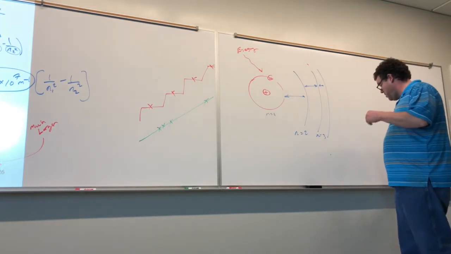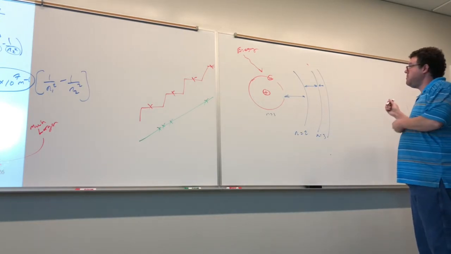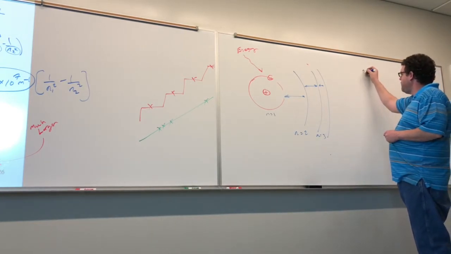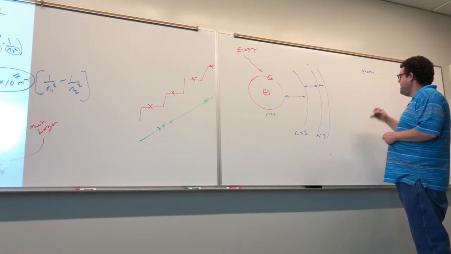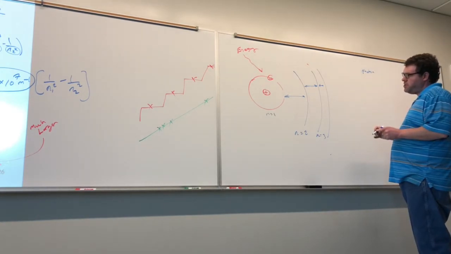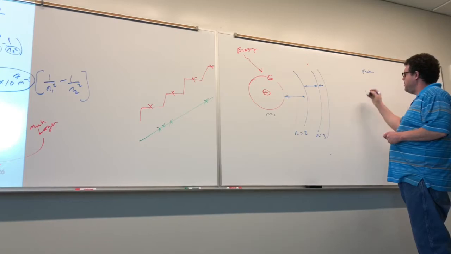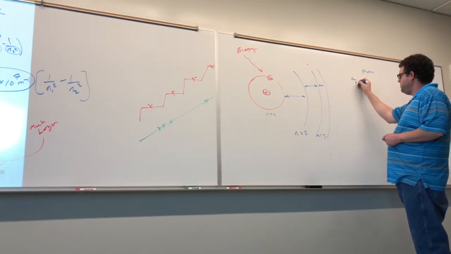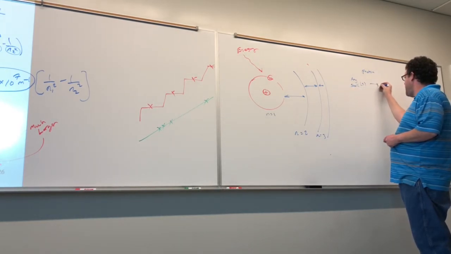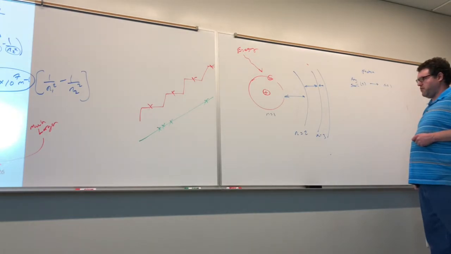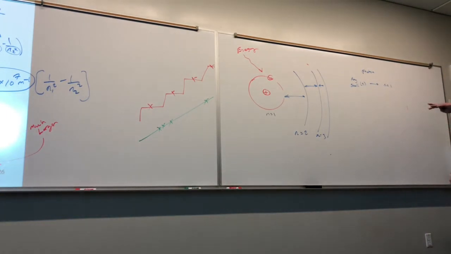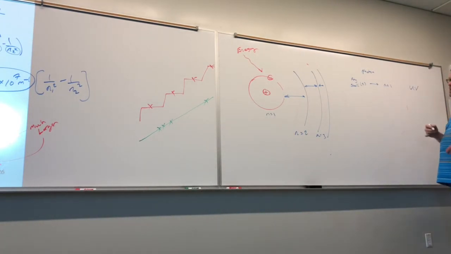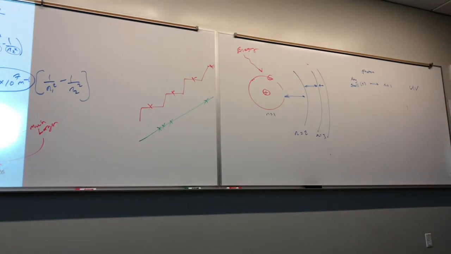So here's a rule of thumb that's worth knowing. If you're looking at a photon transitioning from any shell, any value of n, down to the very first energy level, so that means 2 to 1, 3 to 1, 4 to 1, all of those to the first energy level, that is all going to be UV radiation that's observed.